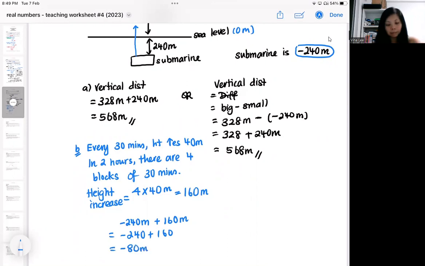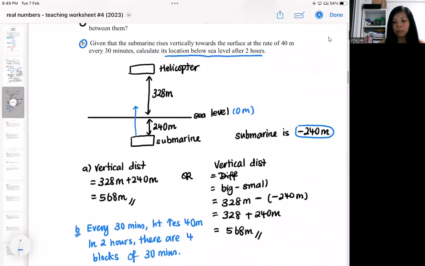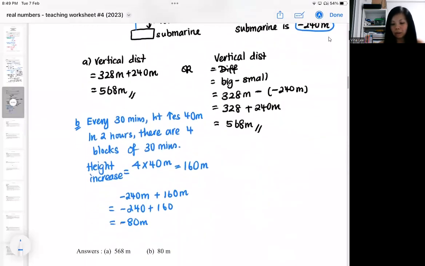That is actually correct because the question says the location below the sea level. So negative 80 is telling you that it's actually 80 below the sea level. So your calculation shows that it's a minus 80. But when you answer the question, you will just answer that the submarine is 80 meters below the sea level.